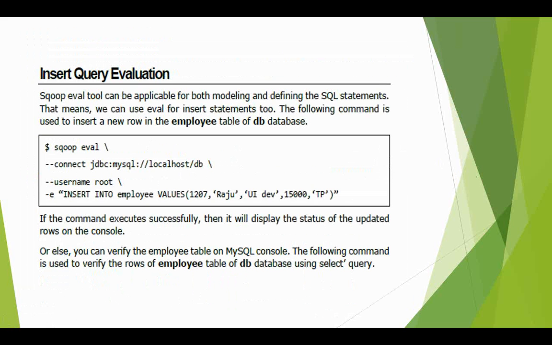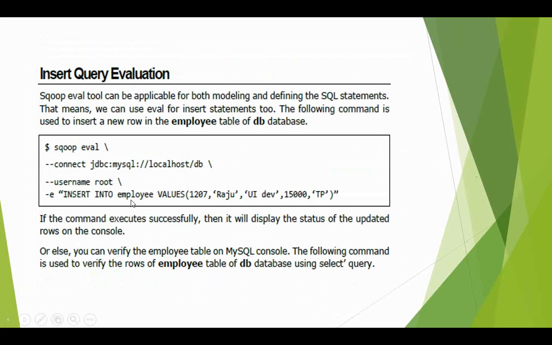Similar to that, we have the insert query also. The remaining things will be the same as Sqoop only. That is, sqoop eval, because we have to execute the query, then connect to the database. This is the username, and -e is used for inserting the data. And how to insert the data in MySQL?